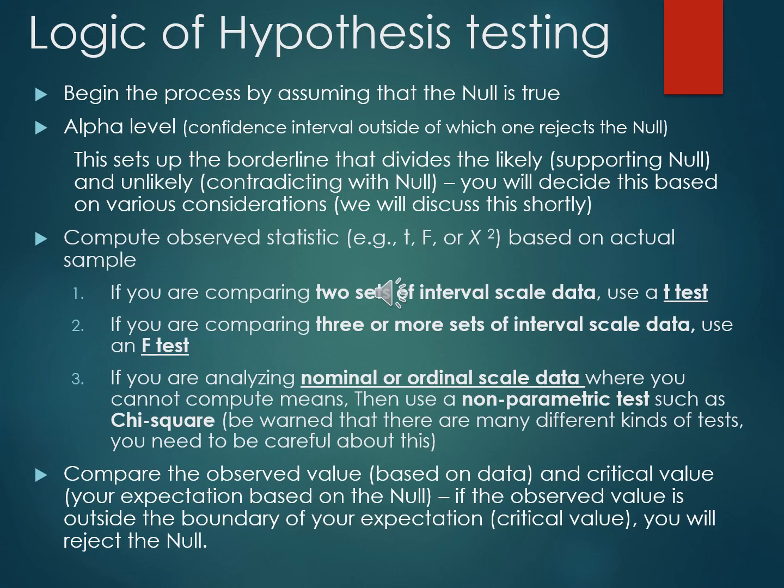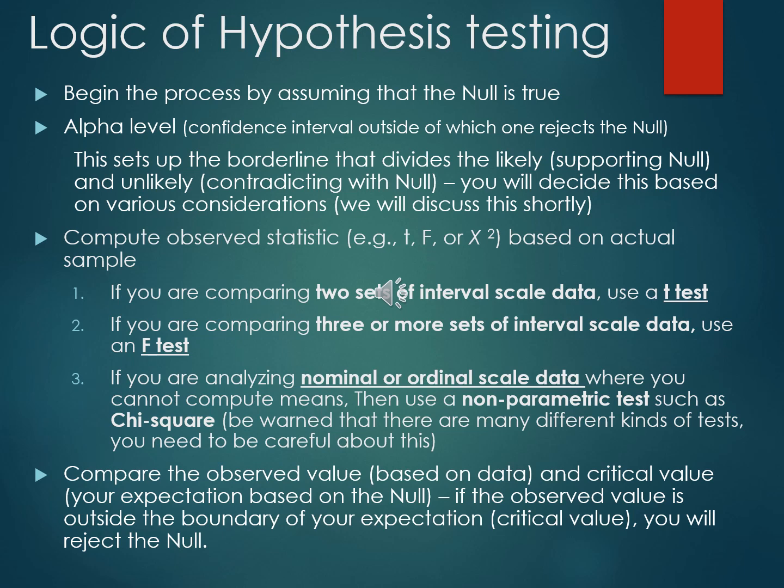So here we talk about the details of the logic of hypothesis testing. Like explained in the previous slide, you begin the process by assuming that the null hypothesis is true. The reason is you don't know anything else, so you just have to assume that null is true. Okay? So two means are the same. That's your initial assumption. And then you set up the alpha level. The alpha level is the borderline that divides the likely from the unlikely.